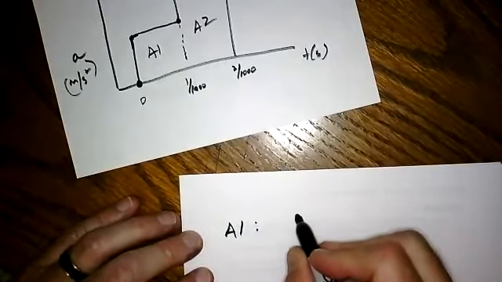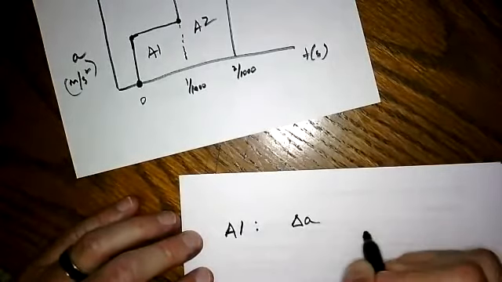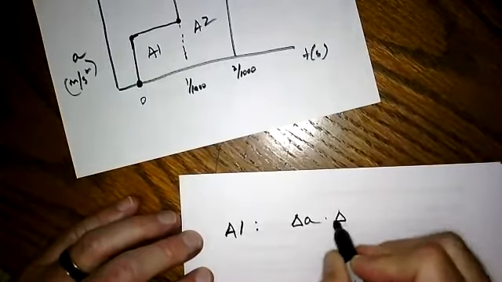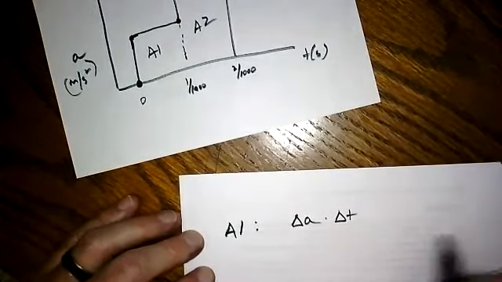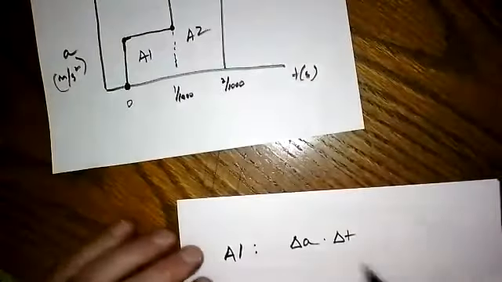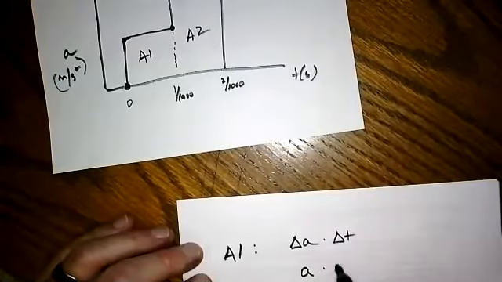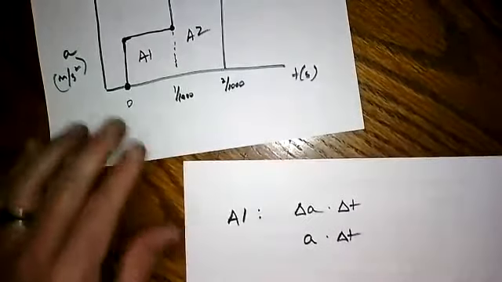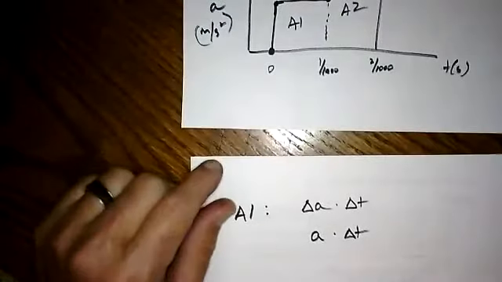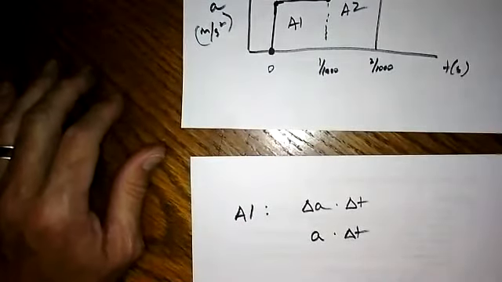So the height is change in A times delta t. What I'm going to do is only look at this data point here, and use that to tell me how high this rectangle is. So I'm going to just rewrite that as A times delta t.